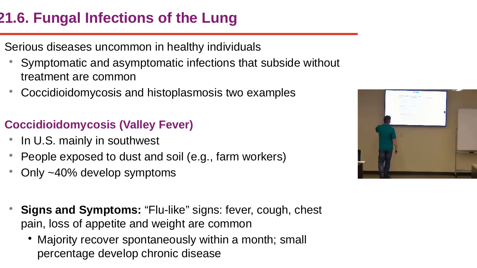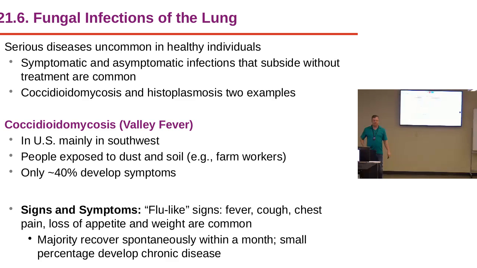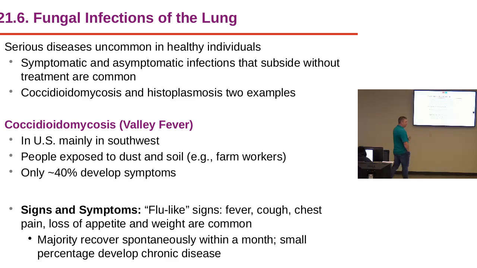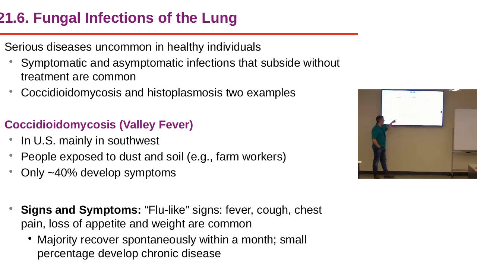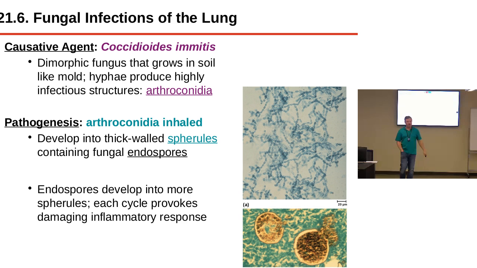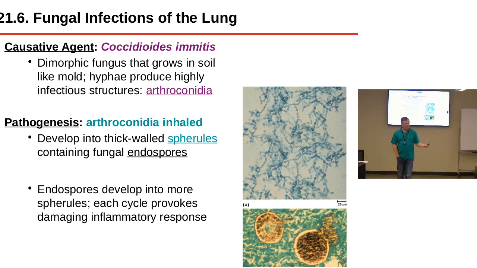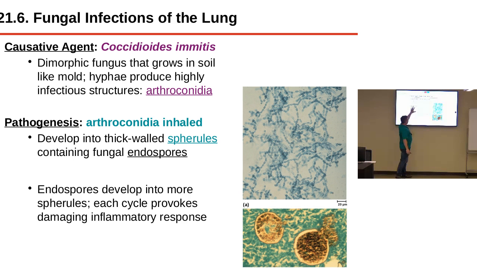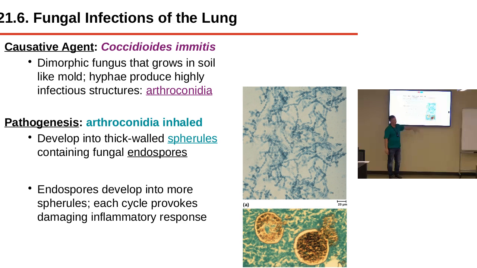Only about 40% of people that contract it actually get symptoms. So again, it shows you that's a pretty minor infection. Signs and symptoms are going to be flu-like, fever, cough, goes away on its own for the most part. But a very, very small percentage of that 40% are going to contract a chronic version of it, where we're going to see a thickened wall, that essentially goes into endospore and causes an inflammatory response on a regular basis.